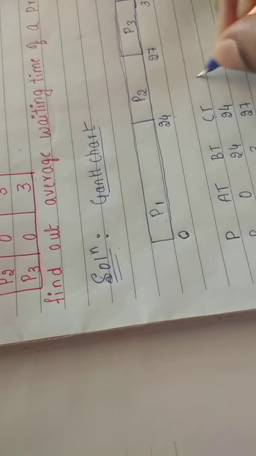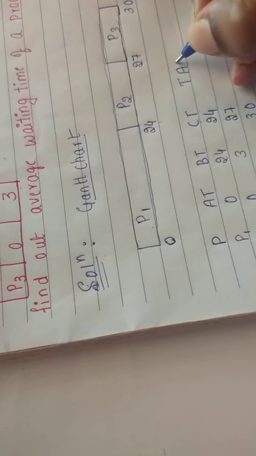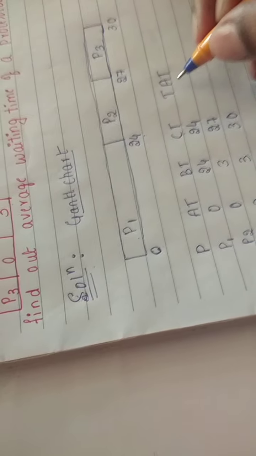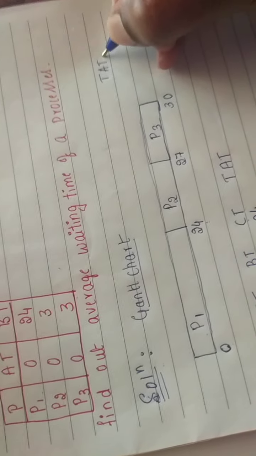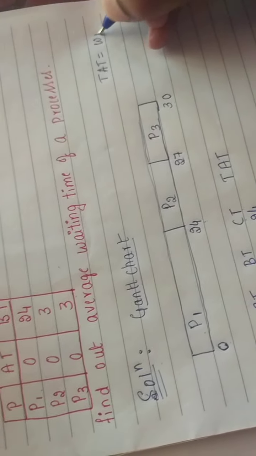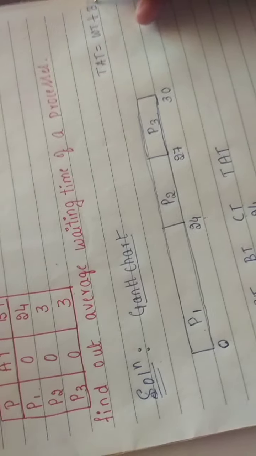Next I am going to find out TAT, that is turnaround time. Turnaround time is equal to waiting time plus burst time.